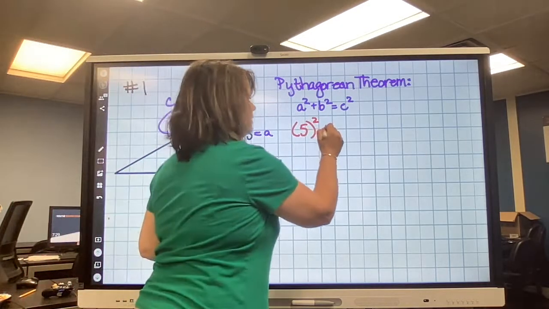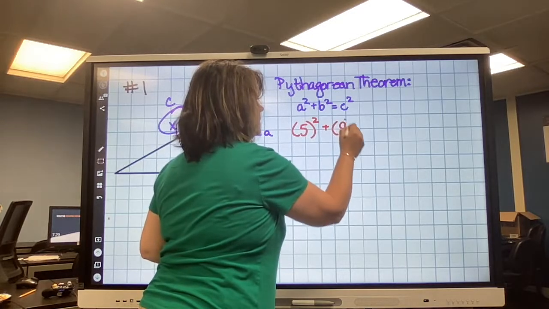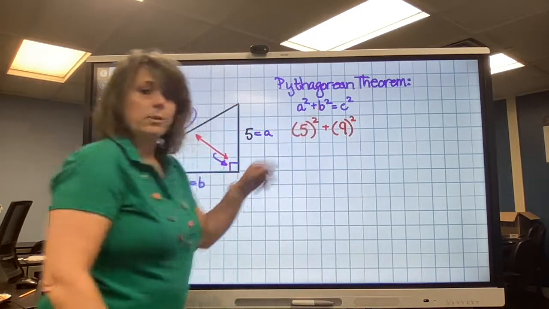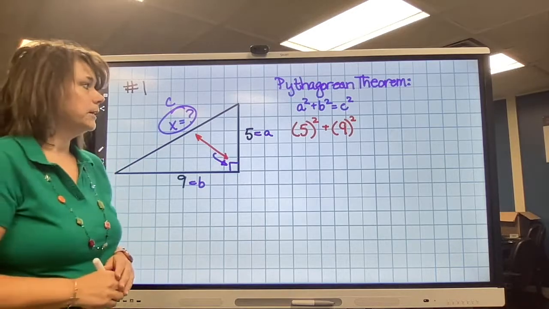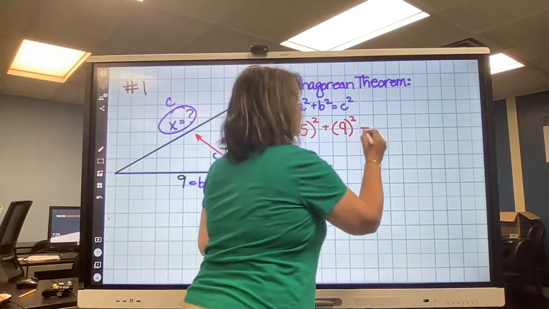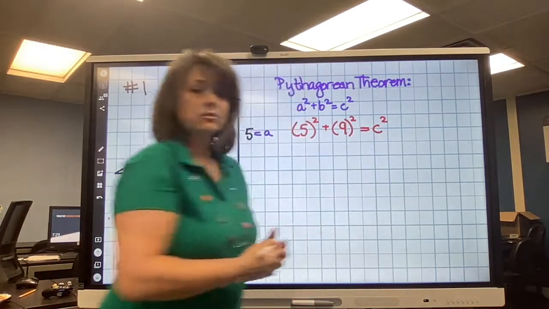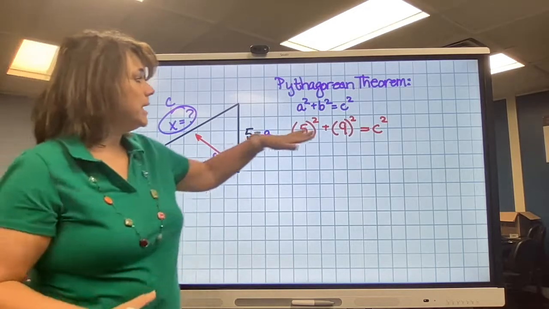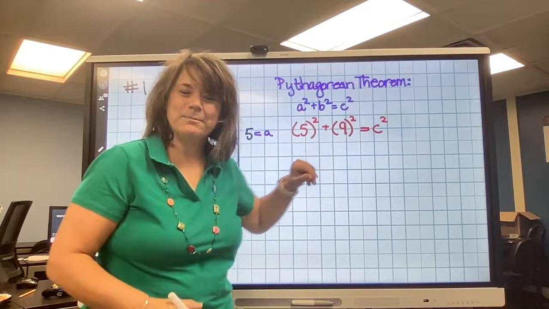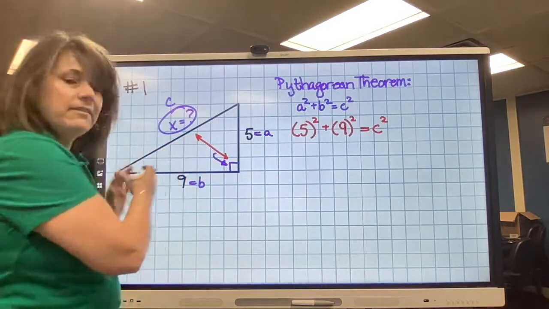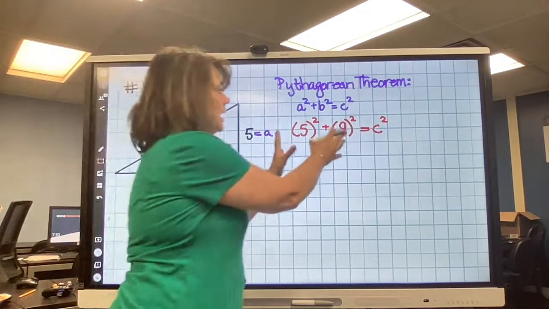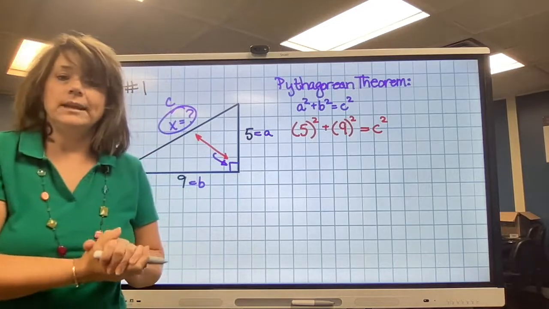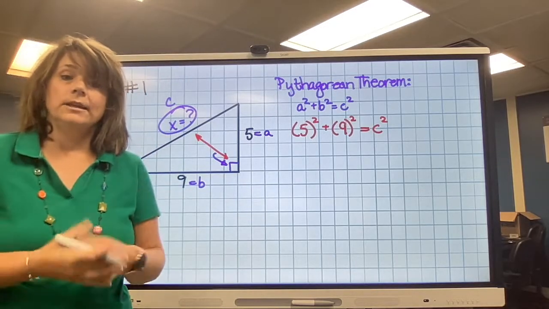So again, I'm going to substitute in 9 where I see b, and I'm going to square it, again, according to our formula. And then this is going to continue to equal c squared because c is what we're solving for. So now we have math. We've translated what they've given to us in our diagram, and we're substituting it into our mathematical equation so we can solve.